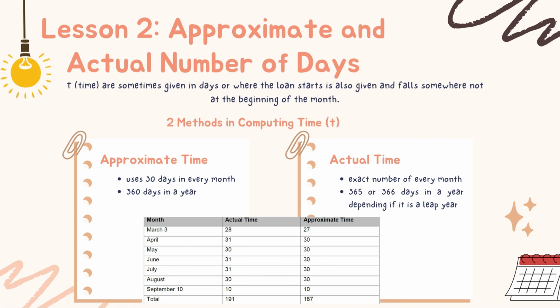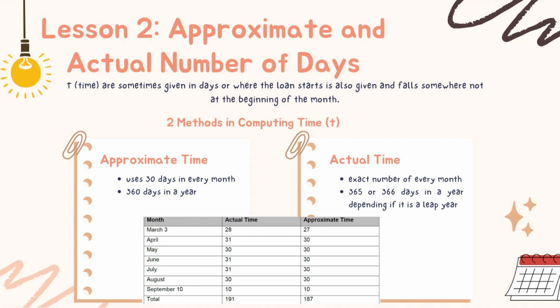Okay? So, here is a little comparison of the two methods in computing time. First is the approximate method. Second is the actual time. In approximate time, it is just our estimate. We are used to estimating one month as 30 days. So, to compute how many days are in a year, 30 times 12 is 360 days in a year.